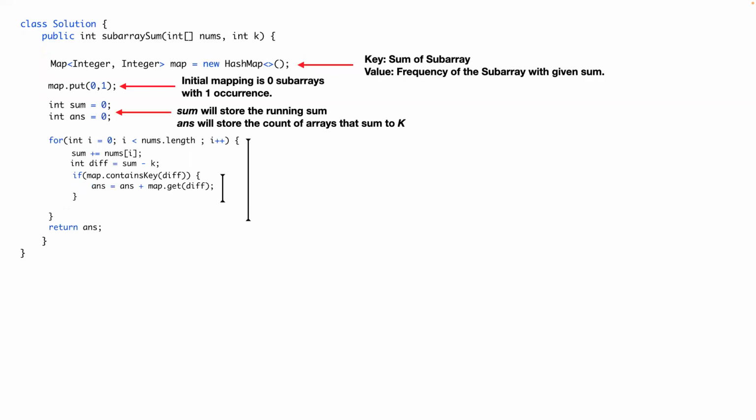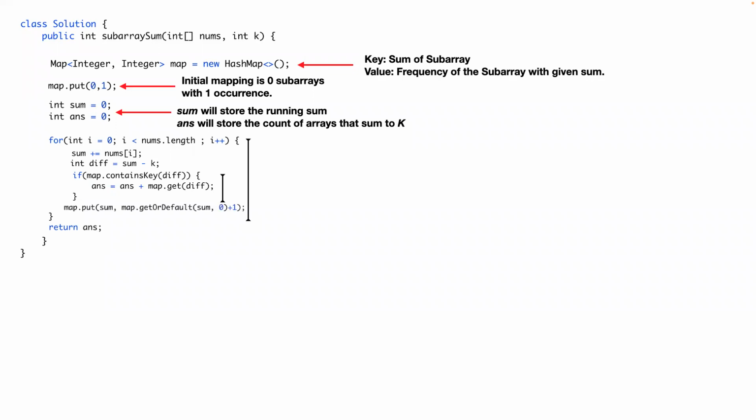And that would mean that there are elements that add up to our target that rest between them. And so how many such subarrays are there that add up to the target? Well, that will be equivalent to how many subarrays matched the difference, right? So we're going to go back into the map and get how many subarrays there were that added up to the difference.